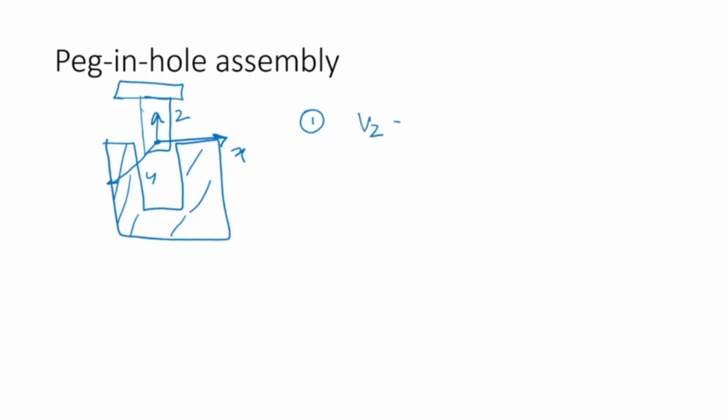So we say Vz is equal to alpha until contact is made. The moment contact is made, then you can press it inside. So we can have force Fz is equal to alpha 2. So what I'm saying is that you have the peg, you push it in this direction because there is free motion, and the moment contact is made, you can sense that contact, and then the process stops.